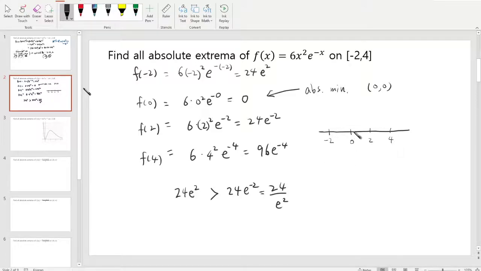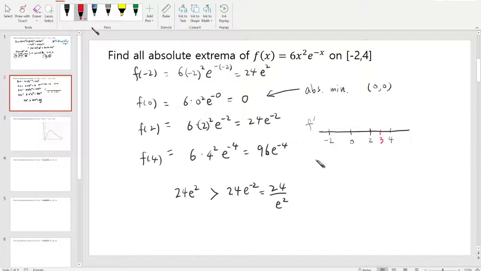We know that at 0 and 2, f prime is 0, right? But what is the sign of f prime at a test point between 2 and 4? Because if I just look at the test point, that can tell us whether f is increasing or decreasing. So let's do that first, and then I'll keep explaining. I'm going to choose 3 because 3 is right in between 2 and 4.